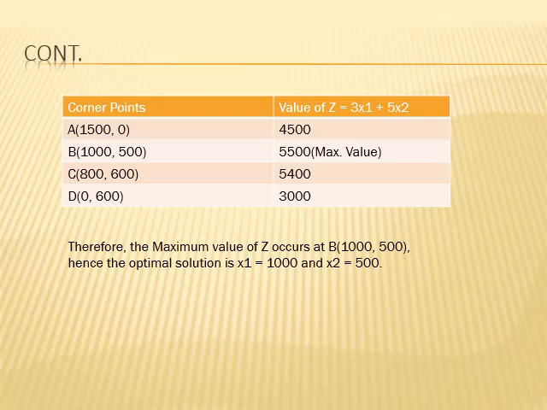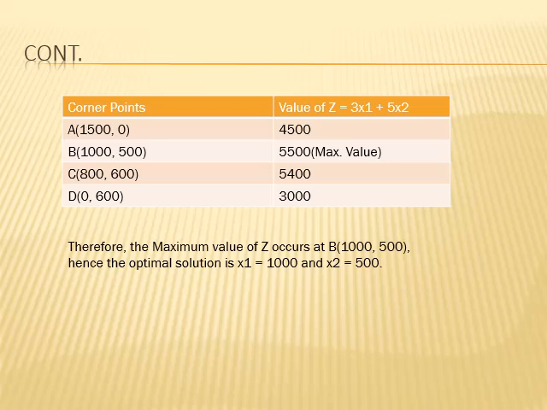So since we are looking for profit maximization, the best choice is to produce 1000 units of x1 and 500 units of x2, because this combination gives 5500 profit.